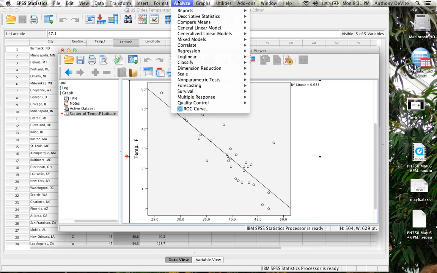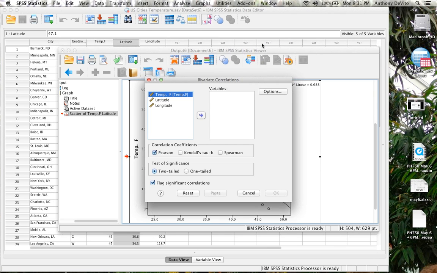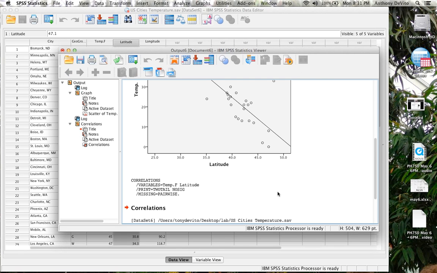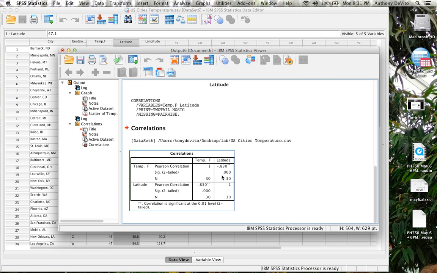I can actually use SPSS to say analyze, correlate, bivariate, because we're using two variables. Notice when I do this, it doesn't ask me which is the x-axis and which is the y-axis. It just wants to know which two variables. I'm going to click OK, and SPSS calculates the R value for me.